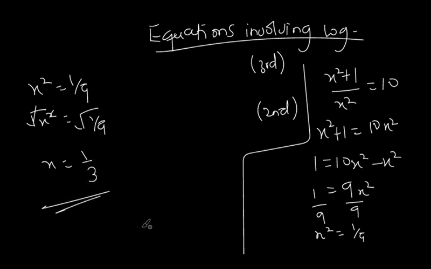So the answer for the question I gave is 1 over 3. Mind you, when we take the root sign it can be positive or negative, so plus or minus 1 over 3. That is if you take the root sign of any value. So this is our answer for question number 1. Awesome.